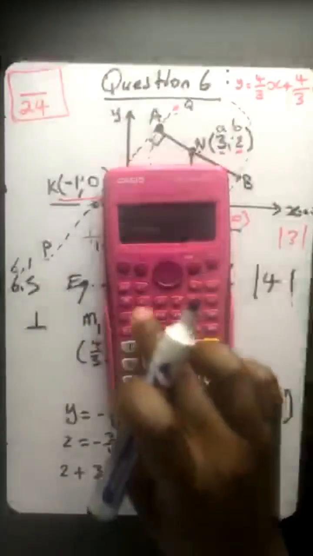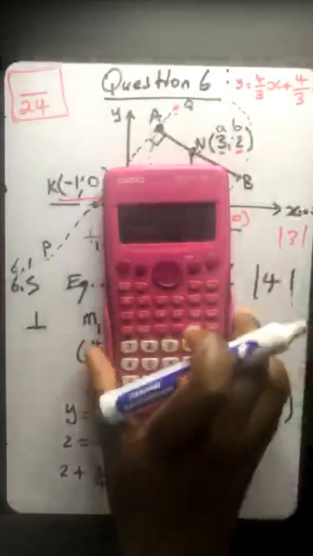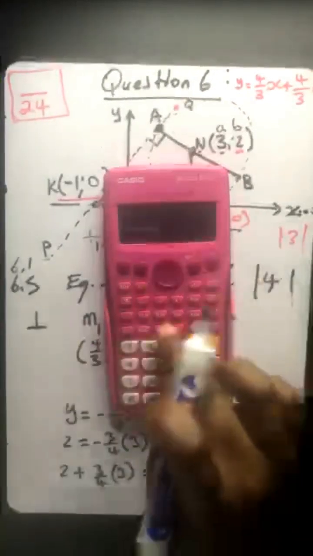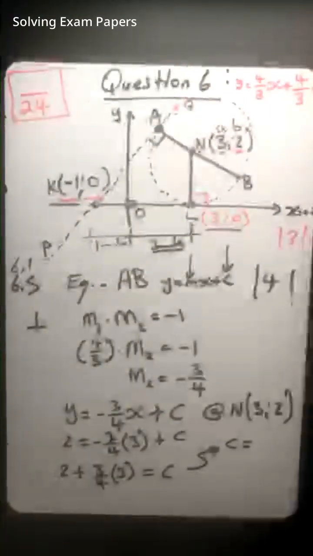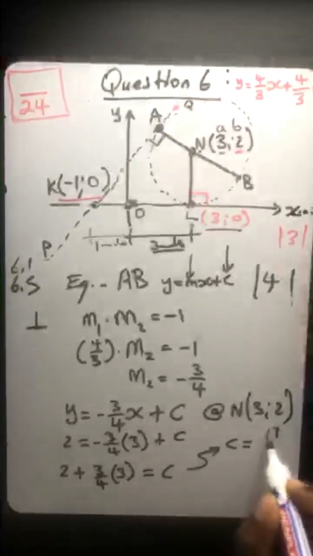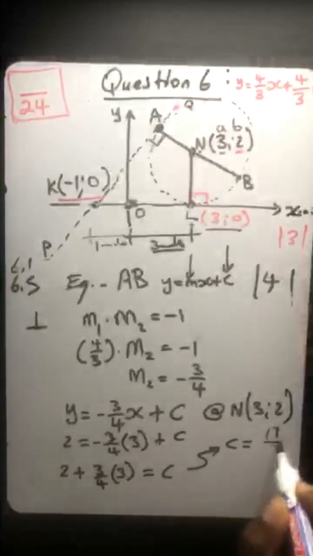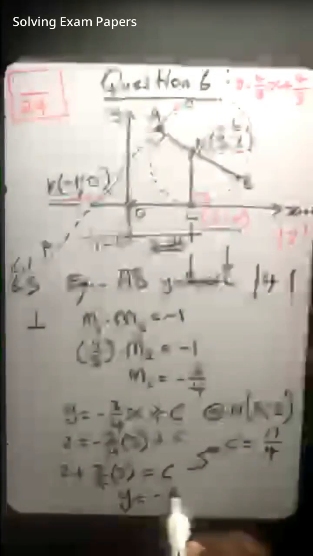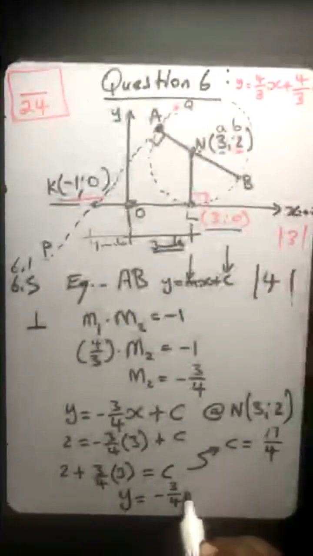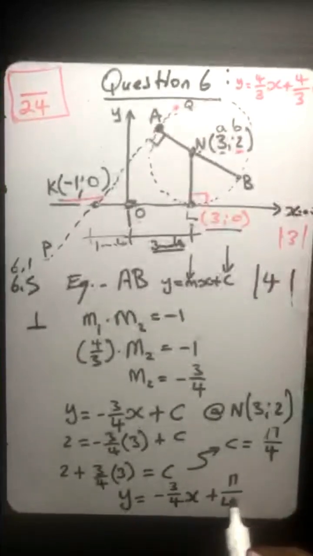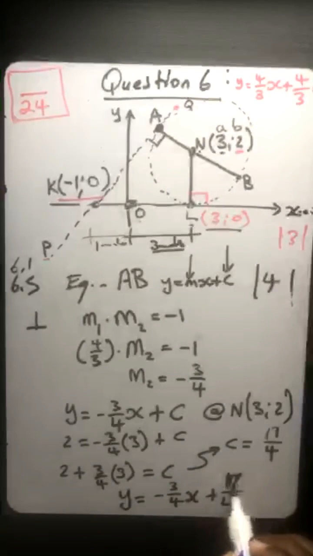Let's see. 11, no. 17 over 4. Is everyone getting 17 over 4? So that means an equation is y equals negative 3 over 4 x plus 17 over 4. Yes.